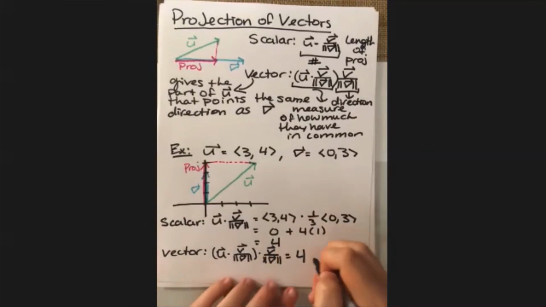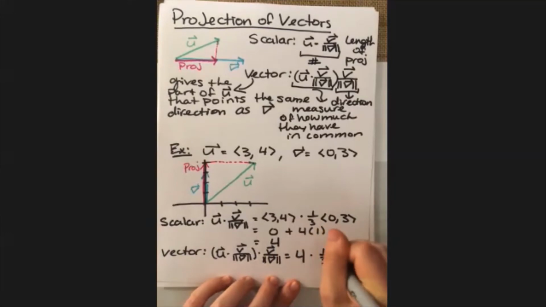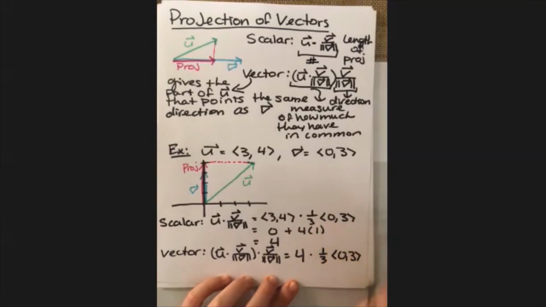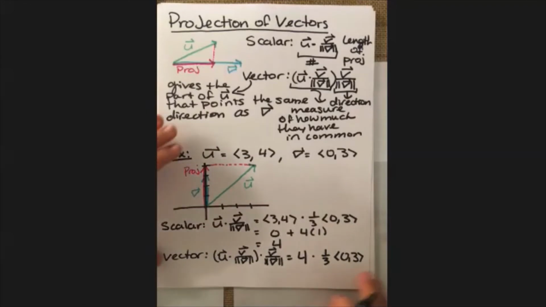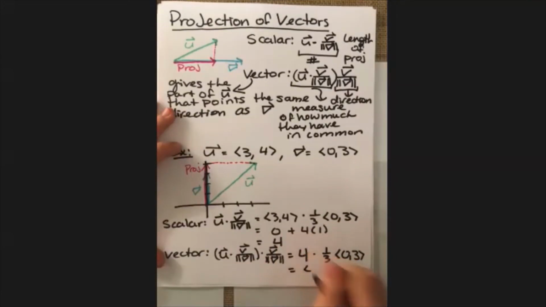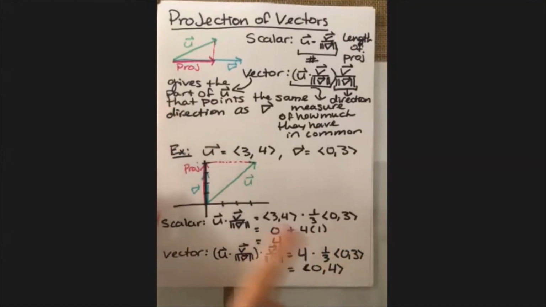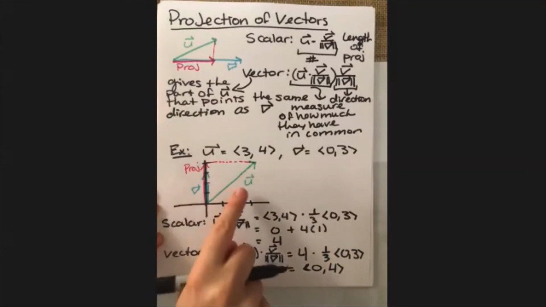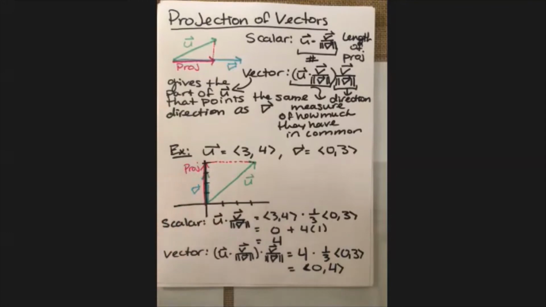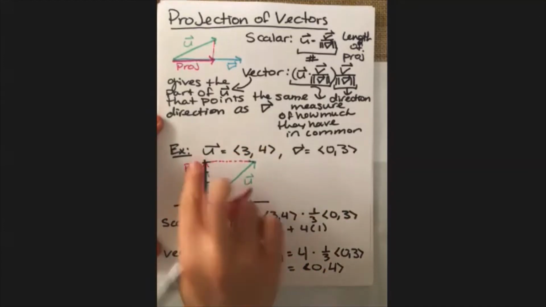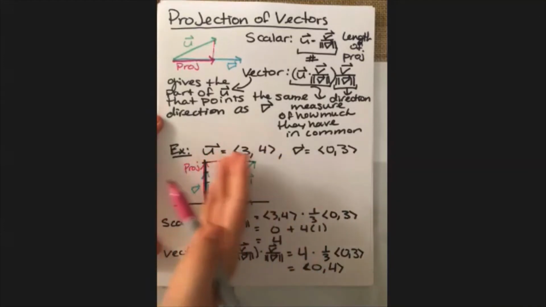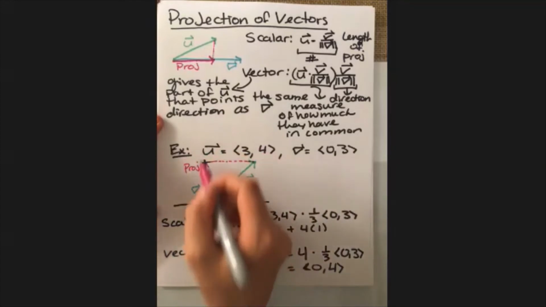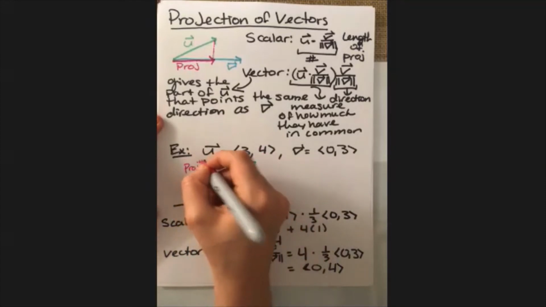And now we just have to multiply that by 1/3 times the vector v, like so. So we're going to get 0, 4 as being the vector, or the projection of u down onto v. And this kind of makes sense. We can see that here, where 0, 4 is the projection. So this vector right here, we drew it just to see what it looked like. This is indeed actually the vector 0, 4.